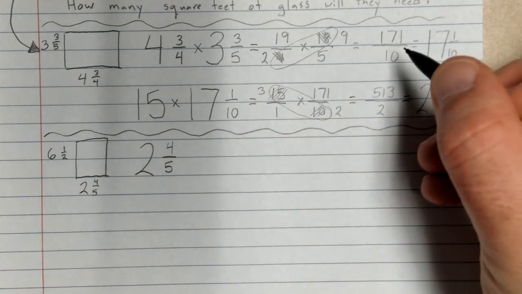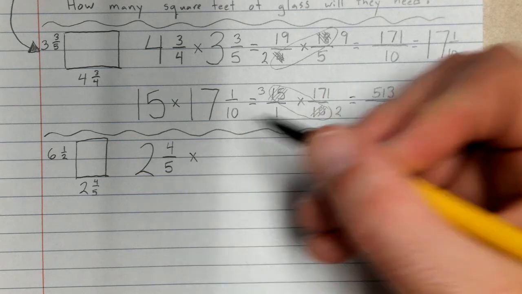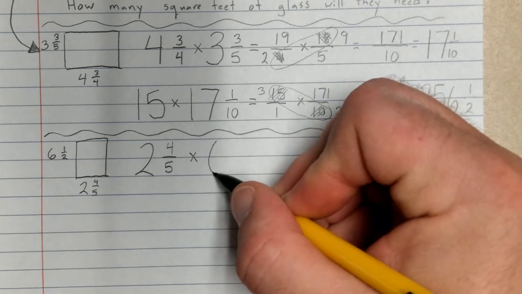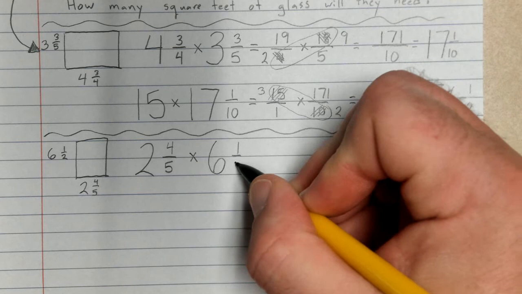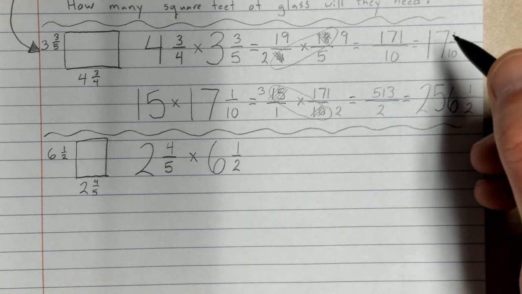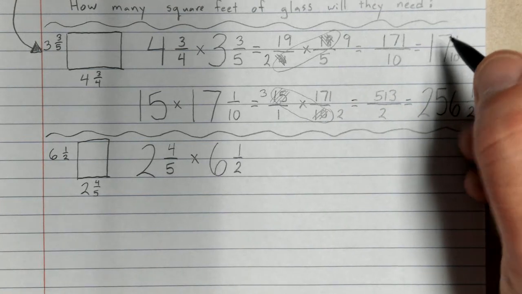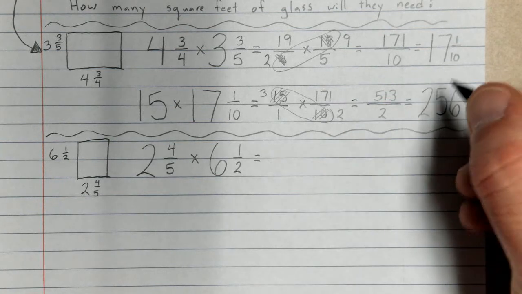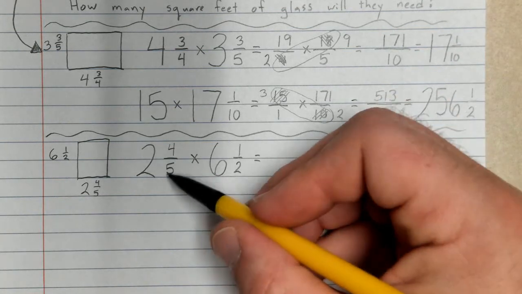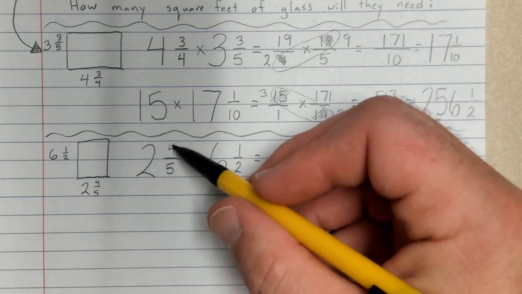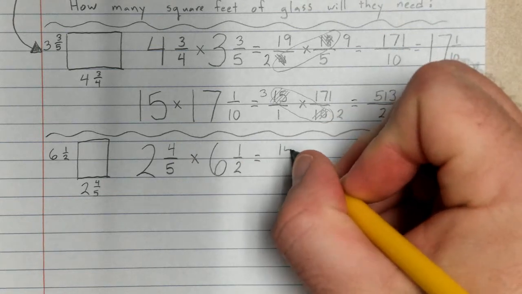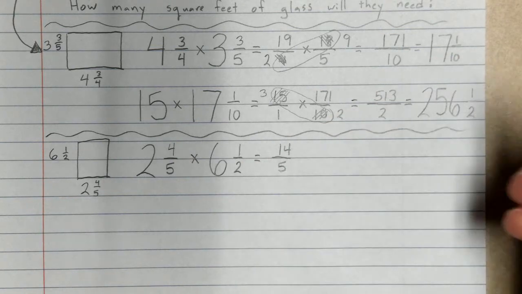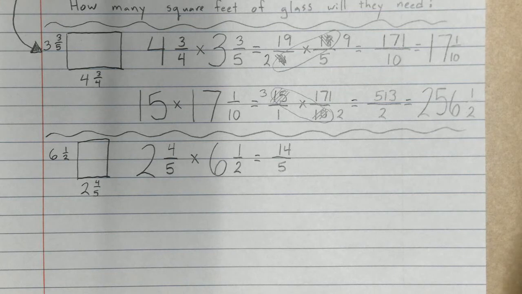There's the length in this case, times width. Okay. 2 4/5 times 6.5. Turning this into improper fractions, 5 times 2 is 10, plus 4 is 14 over 5. The denominator just stays what it was before.